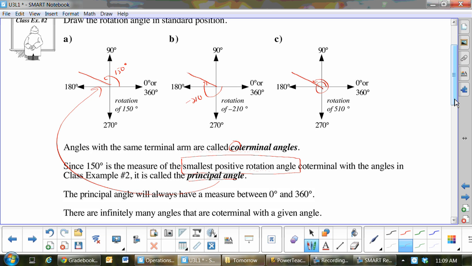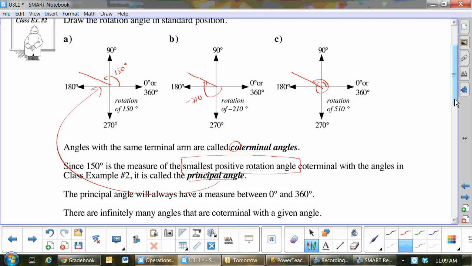Okay? Nothing else fits that definition. B is negative, so that's gone. And C, well, you went around more than once, right? So you obviously aren't the smallest positive rotation angle. Okay? So, whole bunch of definitions so far, like about 10 already, okay?